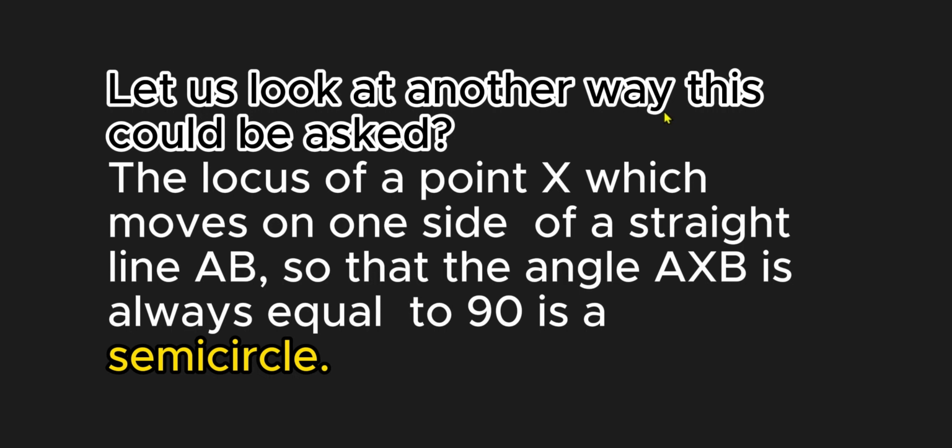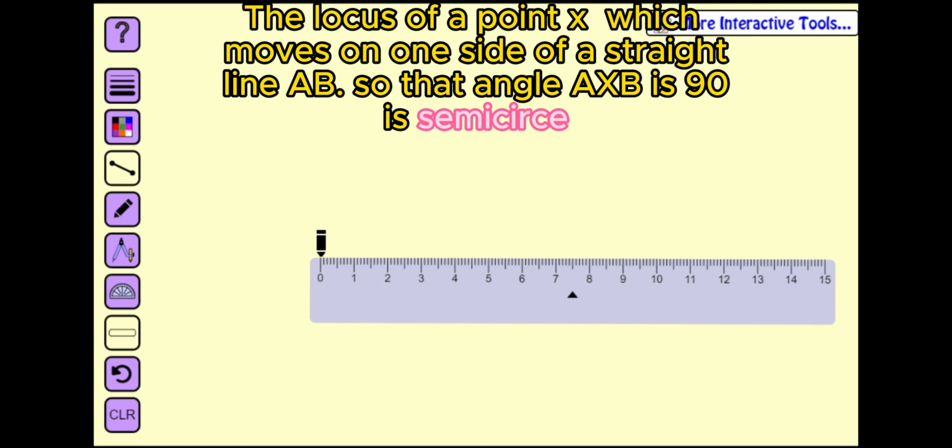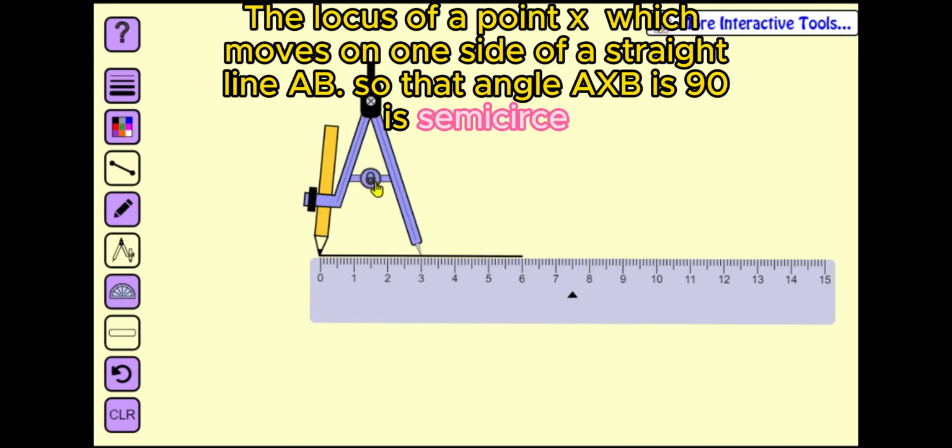Okay, let us look at another way this could be asked. The locus of a point X which moves on one side of a straight line AB so that the angle AXB is always equal to 90 degrees is a semicircle. We have a straight line AB of, I think, 6 centimeter, and that's the diameter.